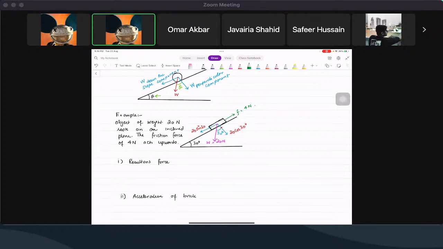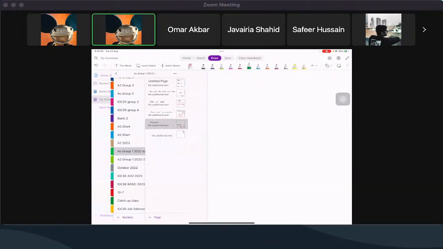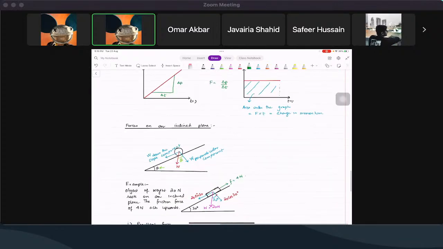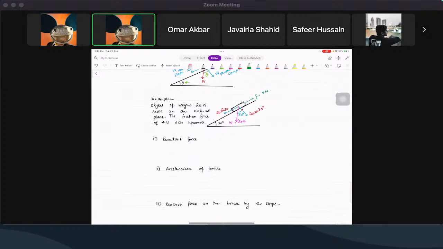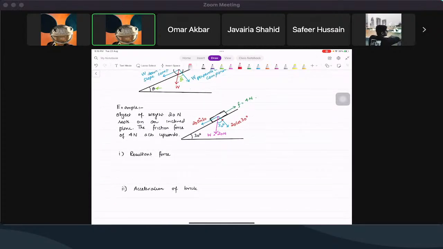If the friction is acting upwards, that would mean that the reaction force, which is basically from the slope itself, would be upwards. Let's make it R. So first of all, we want to find the resultant force.